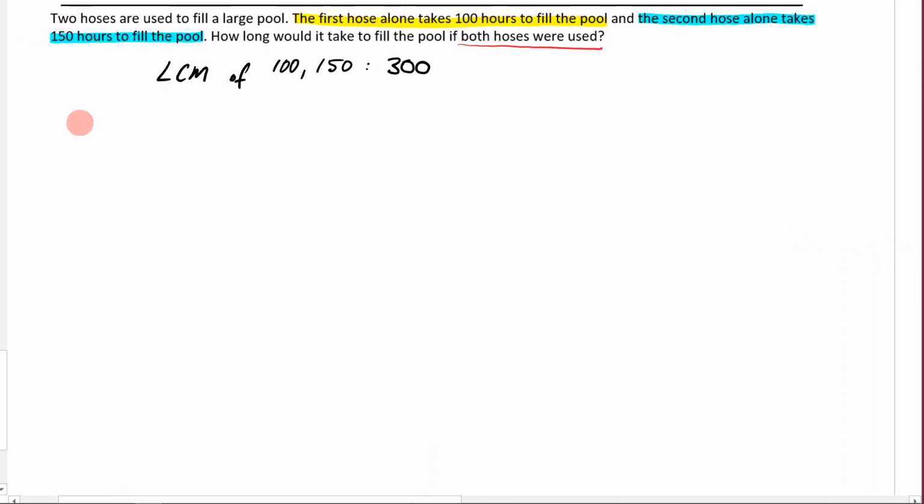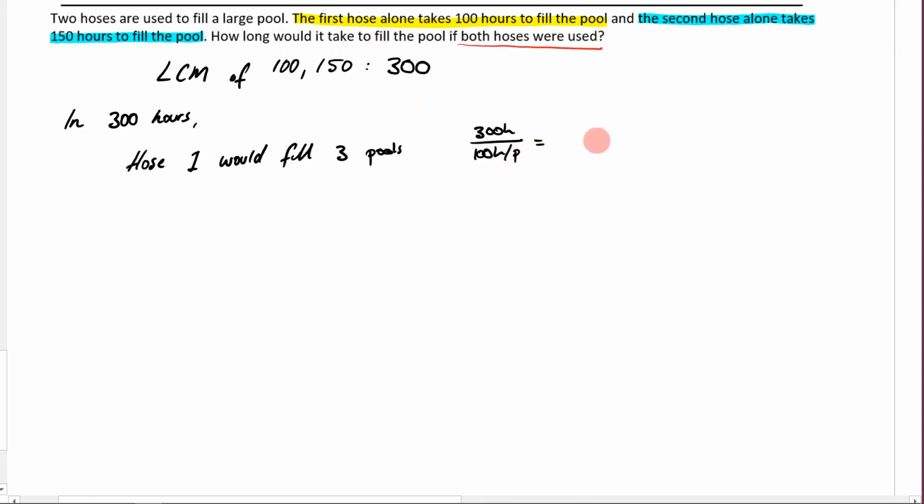The next thing I'm going to do is say, all right, in 300 hours, hose 1 would fill how many pools? Well, if it can fill 1 pool in 100 hours, that means in 300 hours it could fill 3 pools. So what I'm doing there is 300 hours over 100 hours per pool, so that's 3 pools.